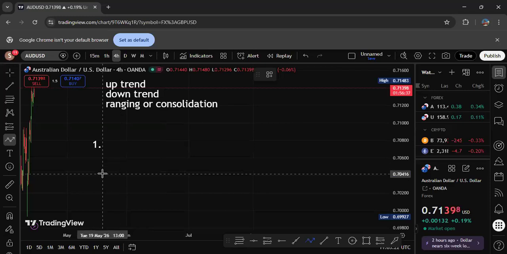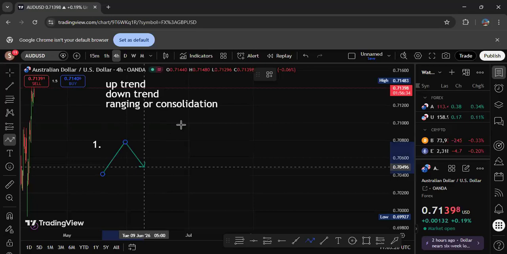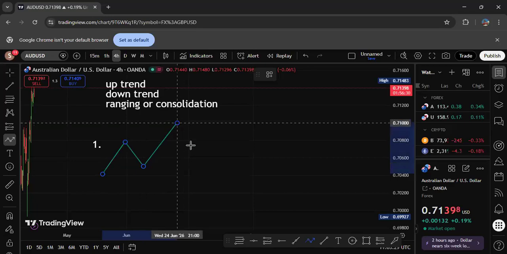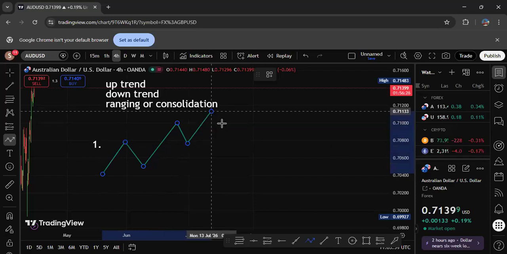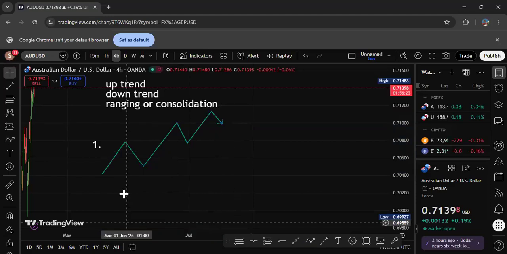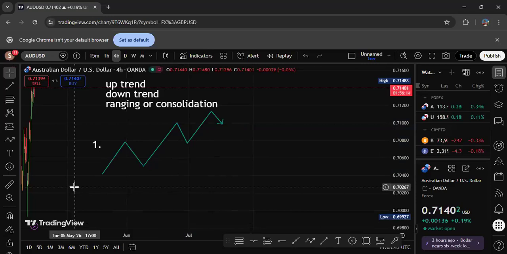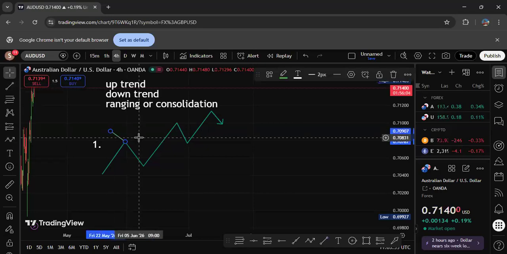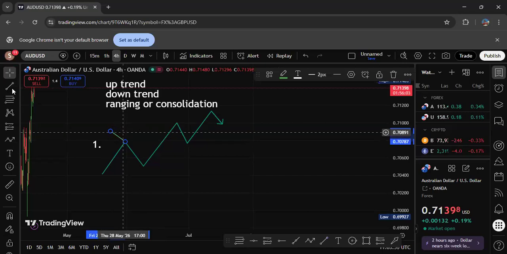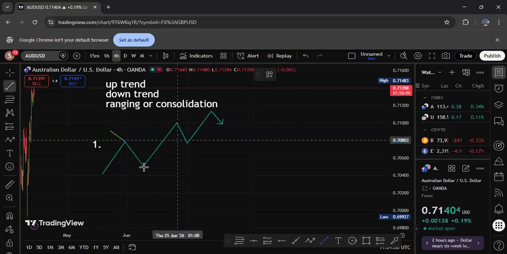I'm going to explain it. The last time we talked about candlesticks, I made mention of support and resistance. This area is our resistance level, and this is our support.